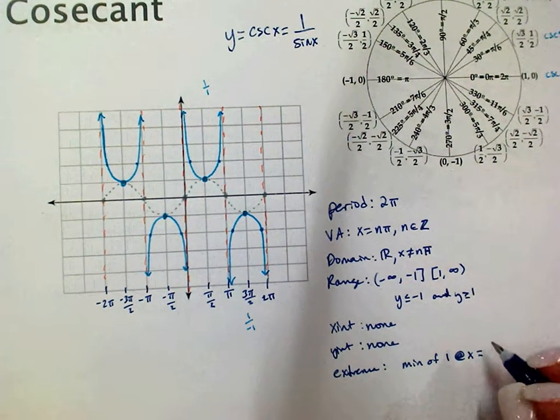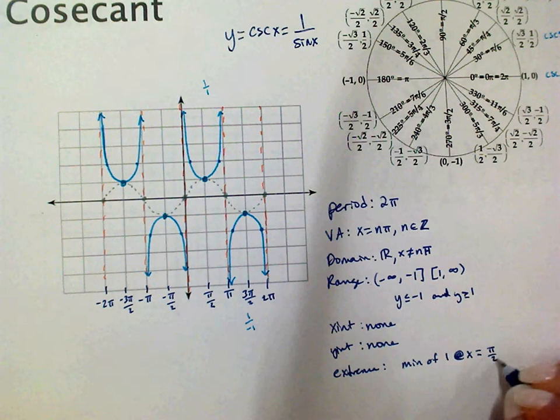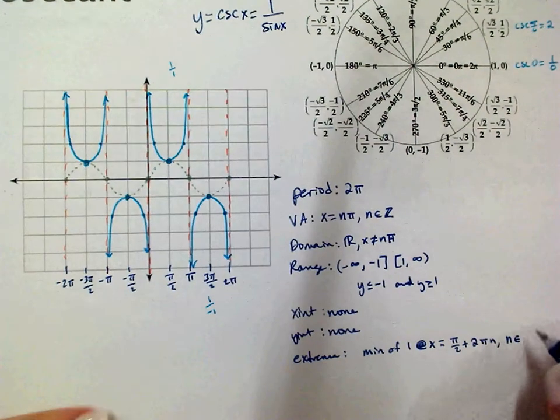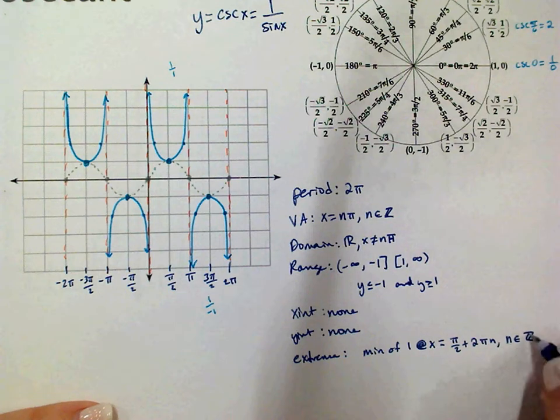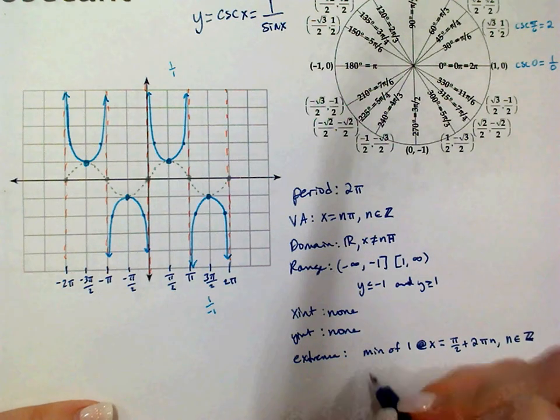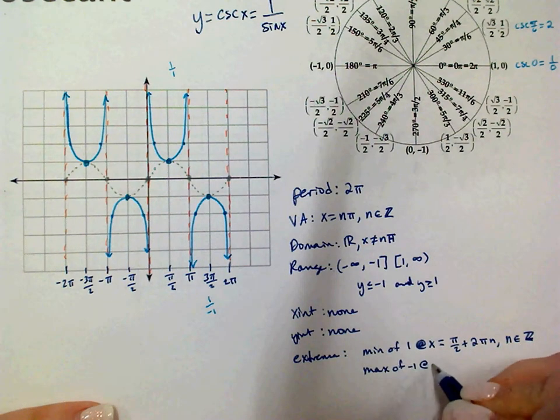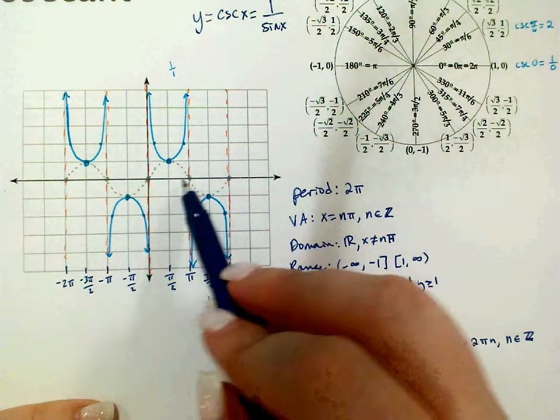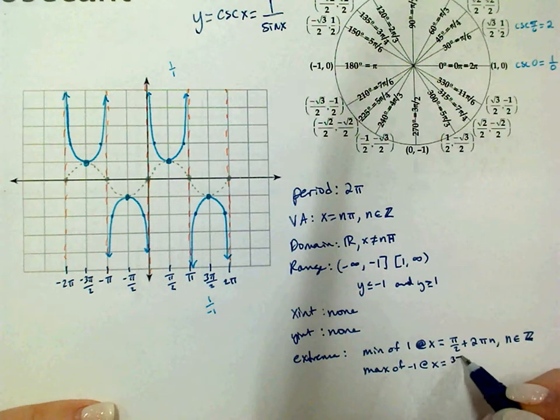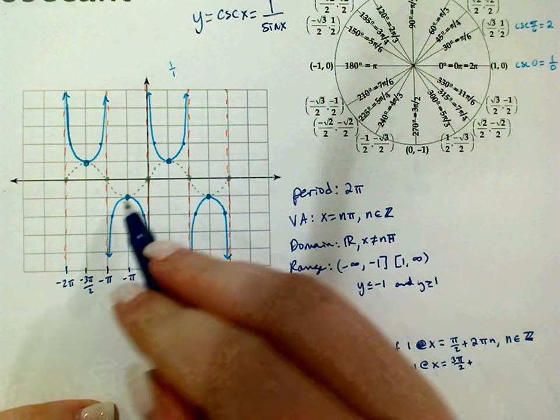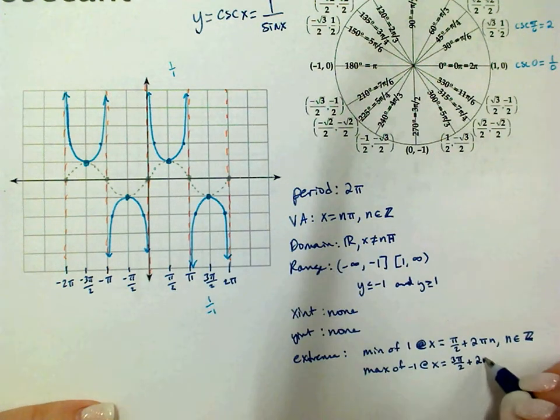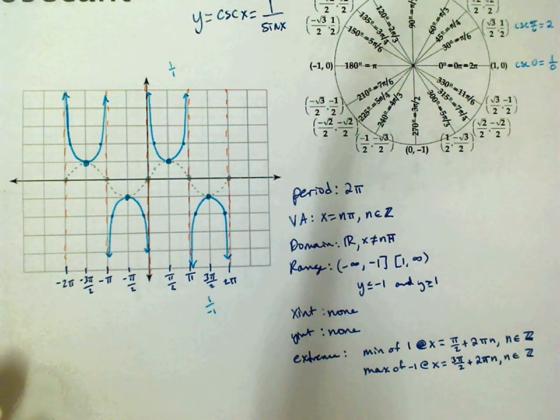So I would say pi over 2 plus 2 pi n. And then maxima, we have a max of -1 at x equals 3 pi over 2, and again, it's 2 pi away. Okay? And that is cosecant.